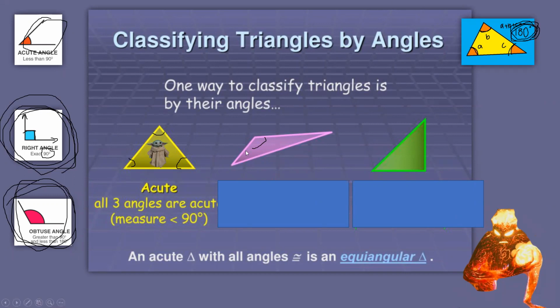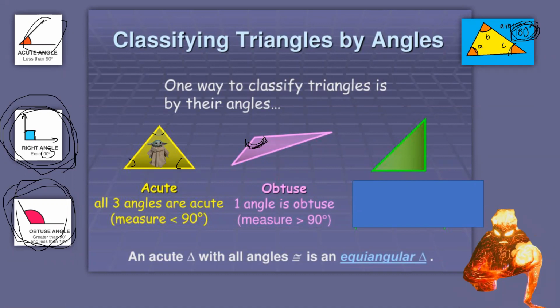What if only one is bigger than 90 degrees? Well, if only one is bigger than 90 degrees, then that angle is obtuse. So it only takes one angle to be bigger than 90 degrees to call it an obtuse triangle. Well, Mr. Stahl, what happens if two angles are bigger than 90 degrees?